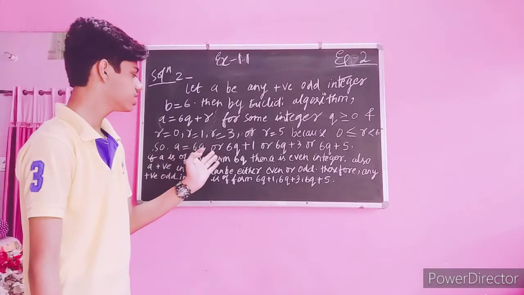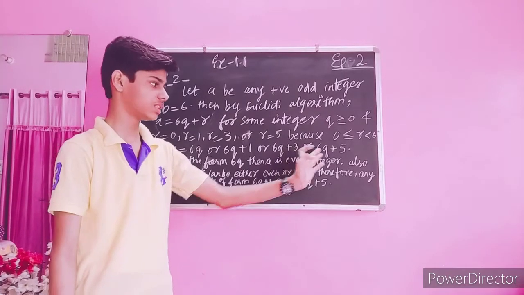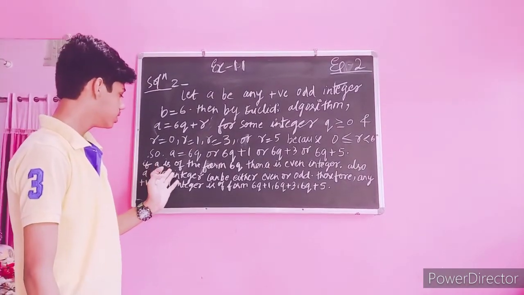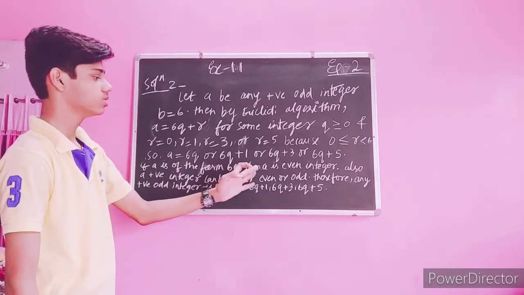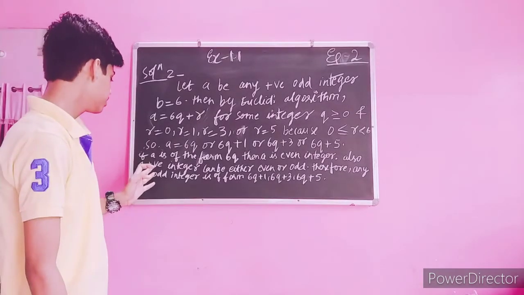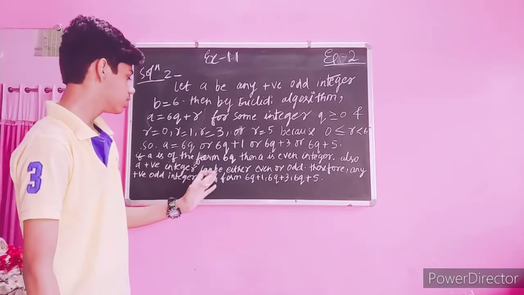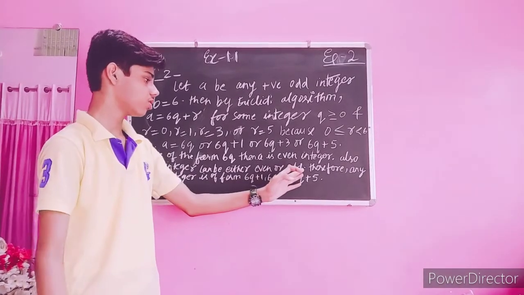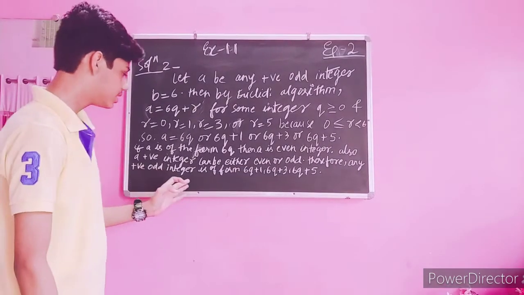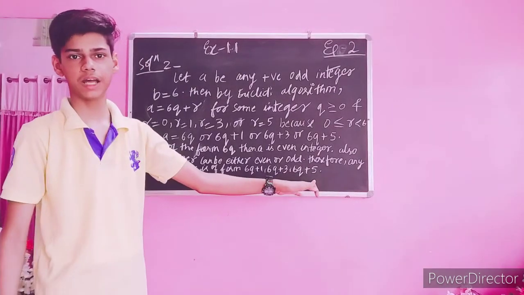So A is equal to 6q or 6q plus 1 or 6q plus 2 or 6q plus 3 or 6q plus 4 or 6q plus 5. If A is of the form 6q, then A is an even integer. Also a positive integer can be either even or odd. Therefore any positive odd integer is of the form 6q plus 1, 6q plus 3 or 6q plus 5.